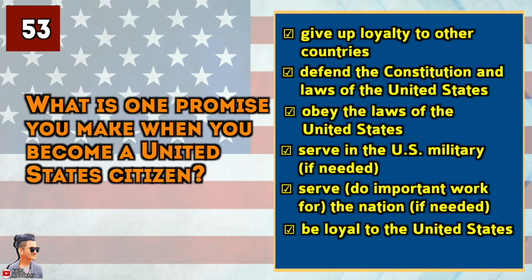Defend the Constitution and laws of the United States. Obey the laws of the United States. Serve in the U.S. military if needed. Serve, do important work for the nation if needed. Be loyal to the United States.